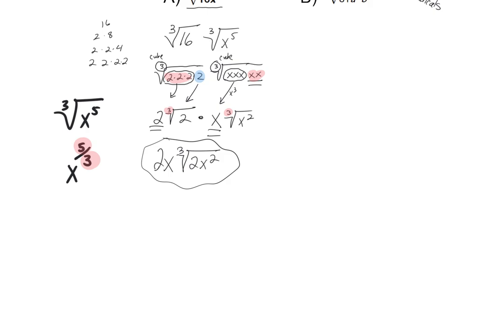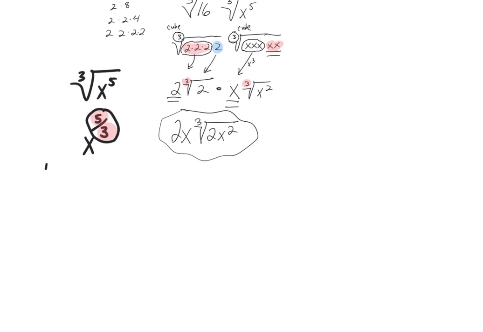So if I'm going to do this problem, I think about how many times the 3 goes into 5, right? And that's once. So I can pull out an x to the 1st.